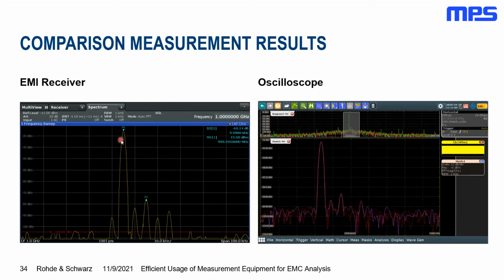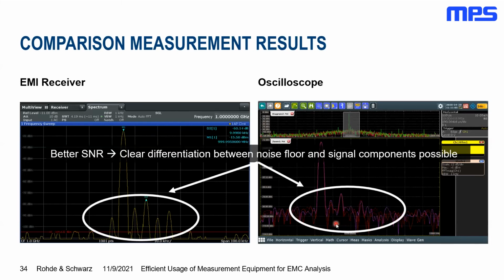We see the major peak and also the harmonic, but the smaller the peaks get, so we see some side emissions of the generator, the better the EMI receiver performs. At a certain point, we of course have some limitation at the oscilloscope due to wideband noise, so that has to be considered. We are still talking about a wideband front end, but nevertheless we are able to differentiate between signals that are 60 dBc next to each other.